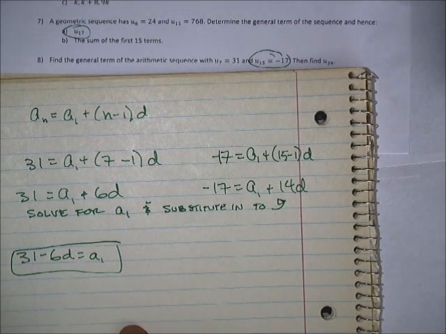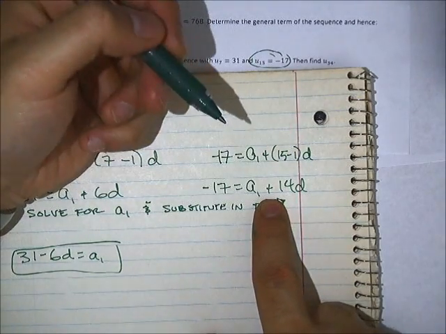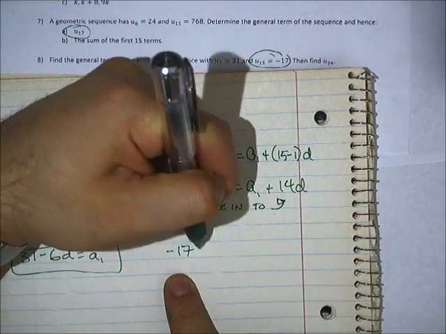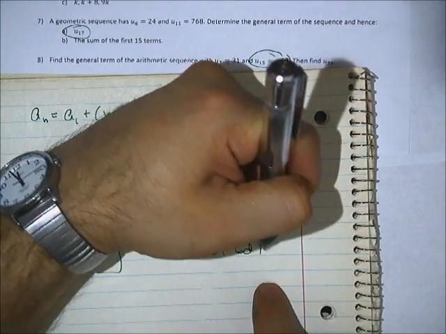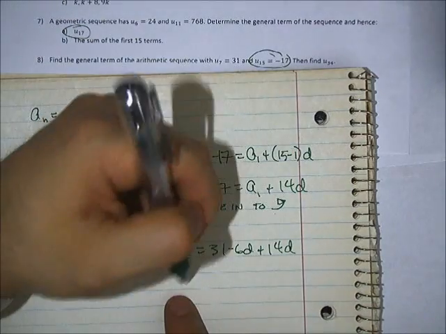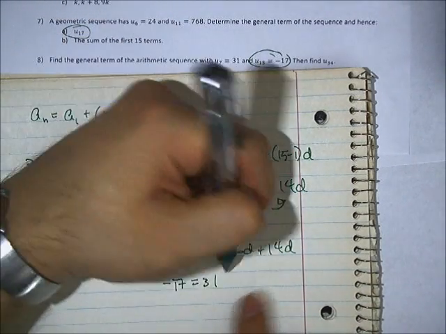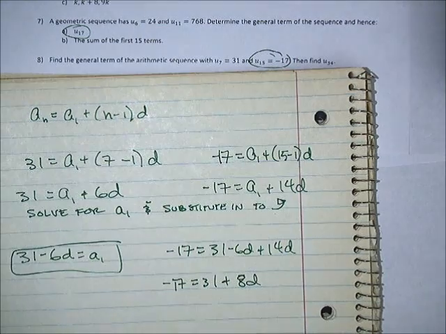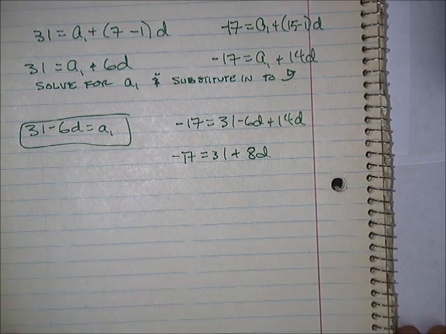Anybody lost? Okay. Now that I have a1, I'm going to plug it into this equation. -17 is equal to 31 minus 6d plus 14d. So -17 is equal to 31 plus 8d. Any questions so far?